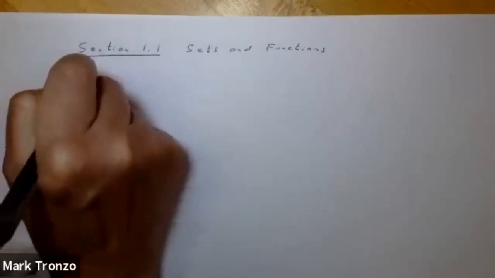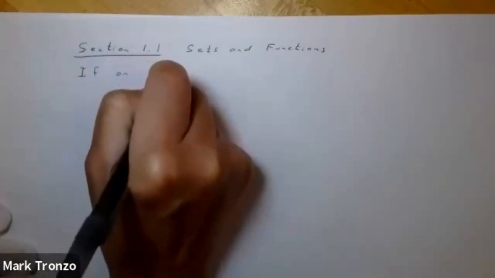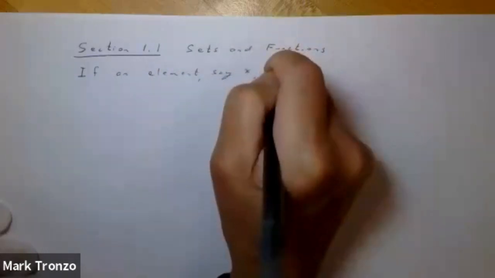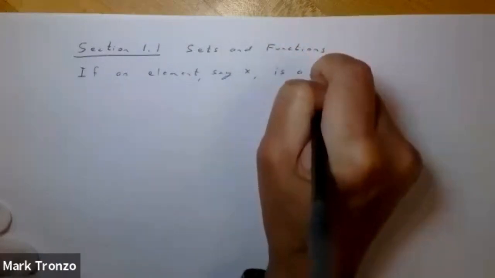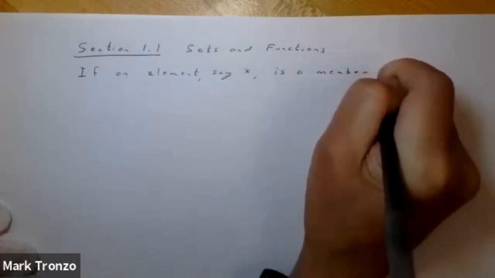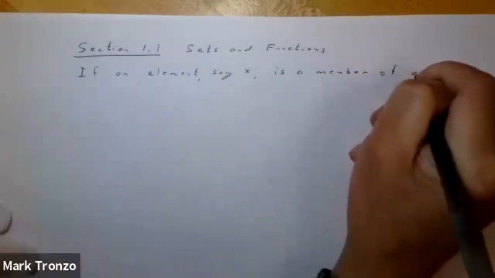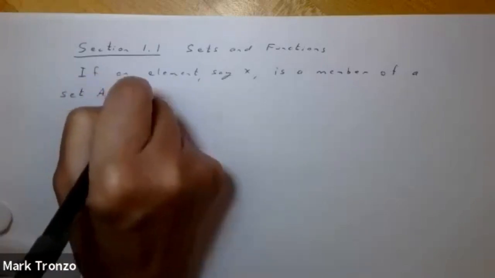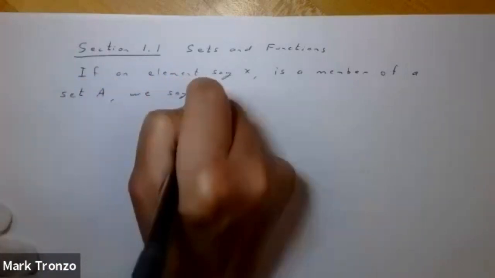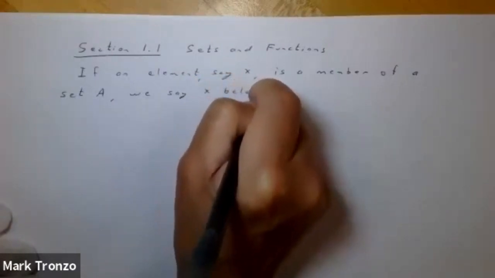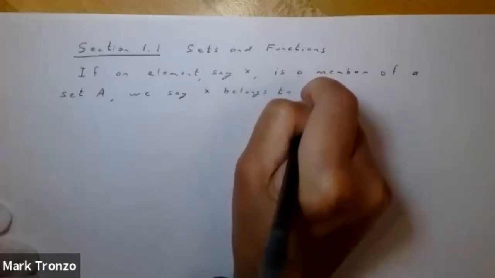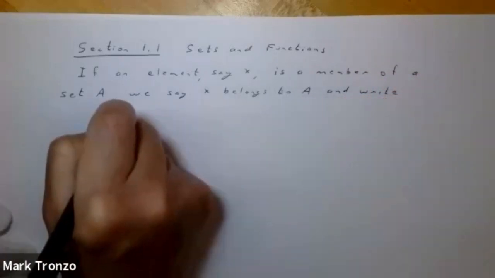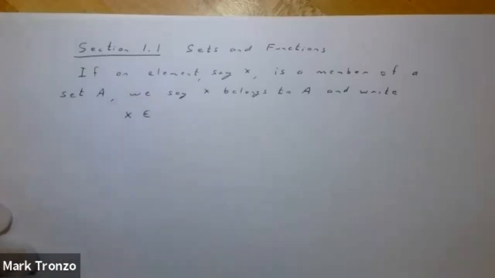If an element, say X, is a member of a set, say A, we say that X belongs to A, and write X with this funny backwards E symbol.